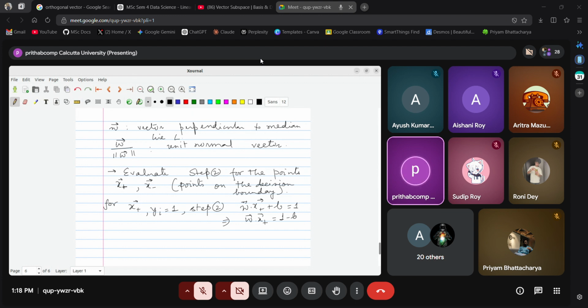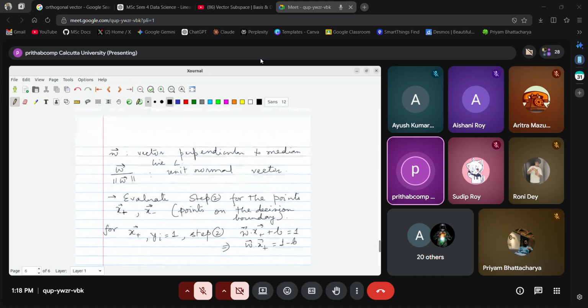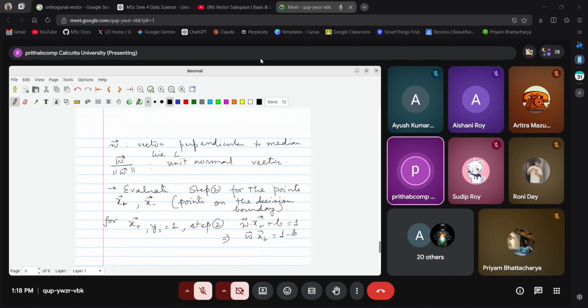Okay. So did you understand this step? So we have taken yi into wx plus b equal to 1, right? So when you substitute this yi equal to 1, earlier there was a yi over here, right? Instead of this yi, 1 gets substituted, and as a result what you get is wx plus b equal to 1. So wx plus is 1 minus b.